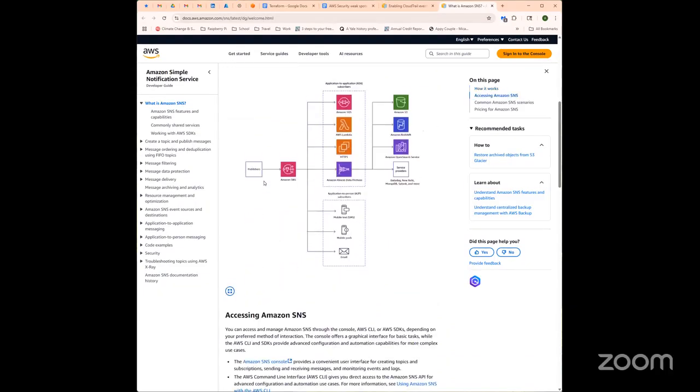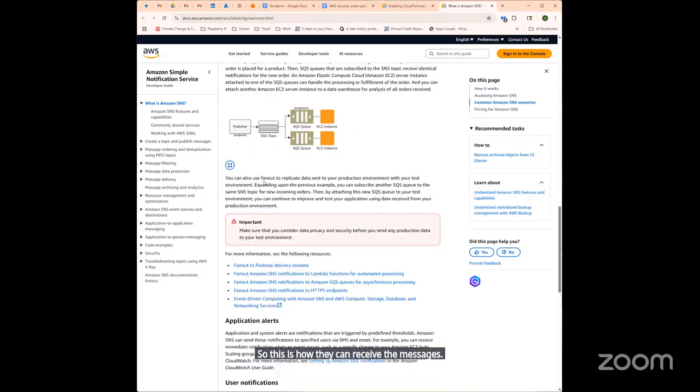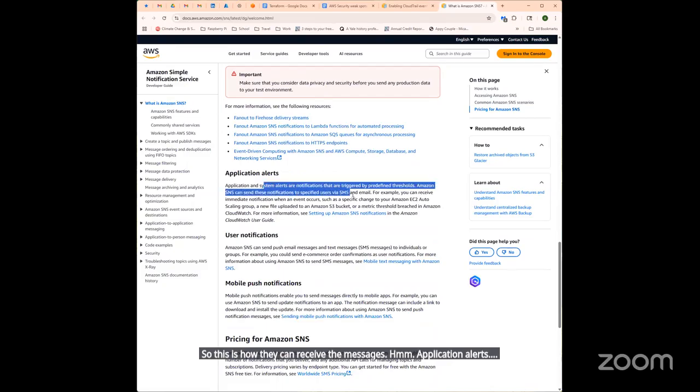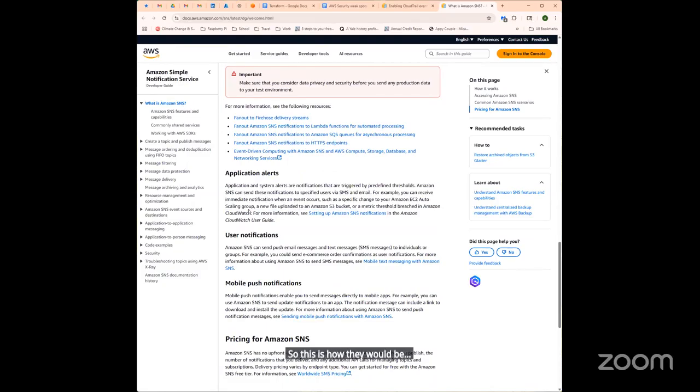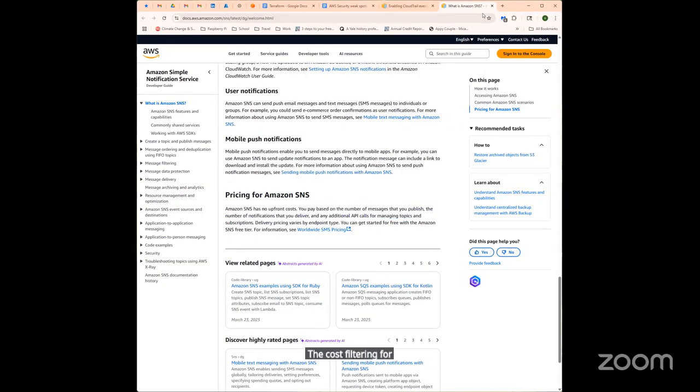So this is how they can receive the messages. Application alerts. So this is how they would be. Okay, boom. There you go. A new file uploaded to an S3 bucket. That's a put object. And with that, you have all these options for notifications, and you have the cost filtering for there. So there you go. All right.